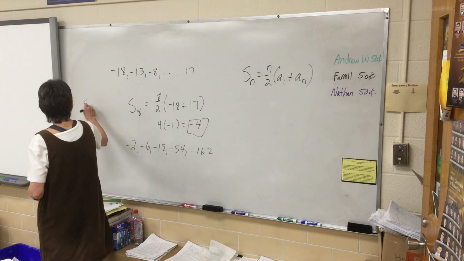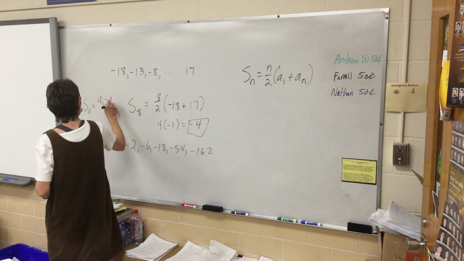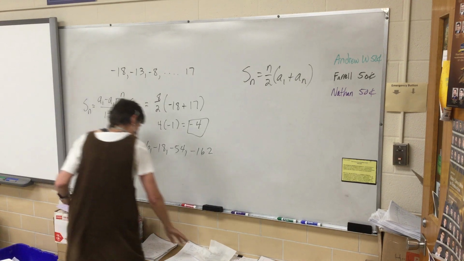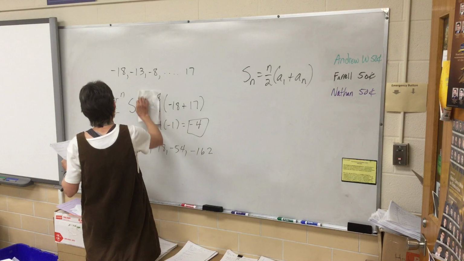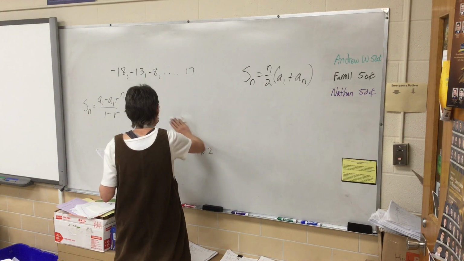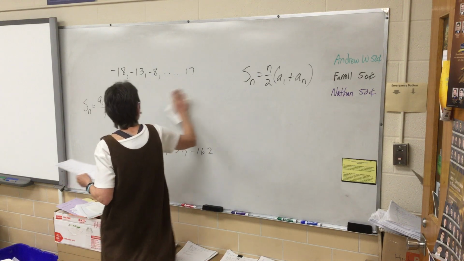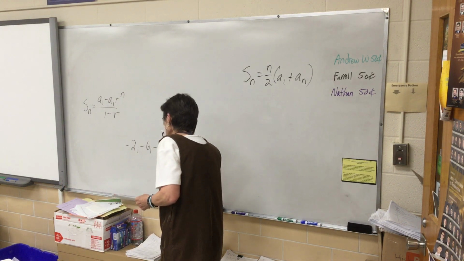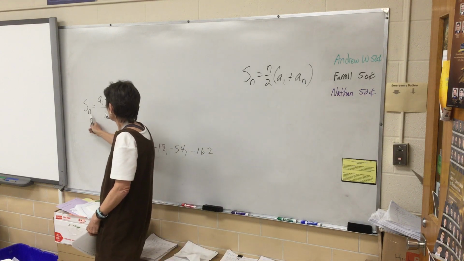Your formula for a geometric sum, that's an S for sum. Remember, what we're talking about doing now is adding up all of the terms. So we're adding them up, so that's a sum.